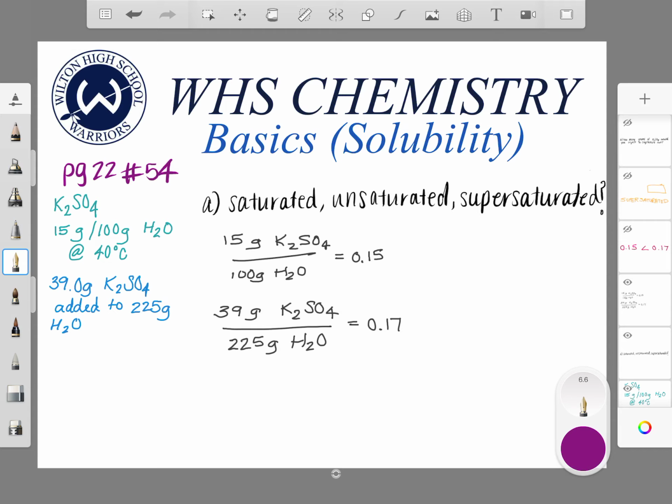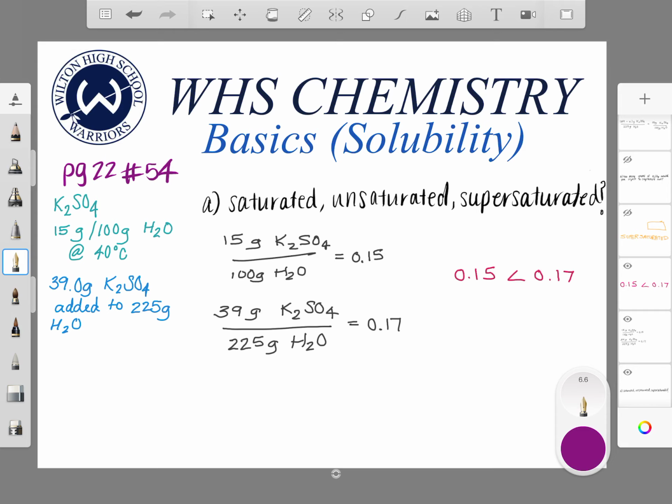And with that, we know that the first ratio we set up is the standard one that we're going to be comparing it to. And we know that 0.15 is less than 0.17.